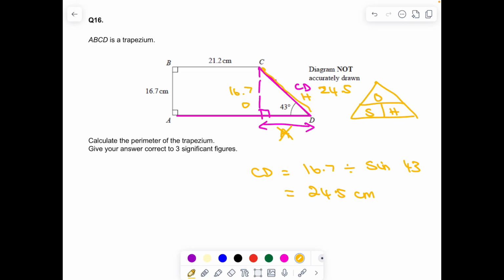Next bit, if I use a different colour, I'm going to use the green. I can now find A. So I'm now going to look at this here. This is still the adjacent and this is still the opposite, but this time I don't want the hypotenuse, so I'm not going to use that. Instead, I'm going to use tan, so TOA.